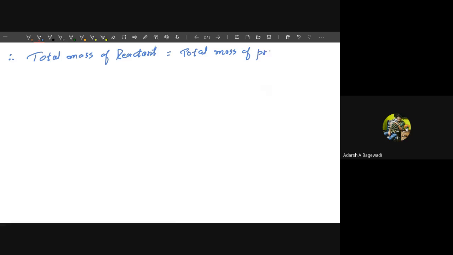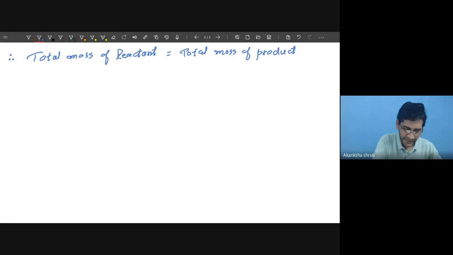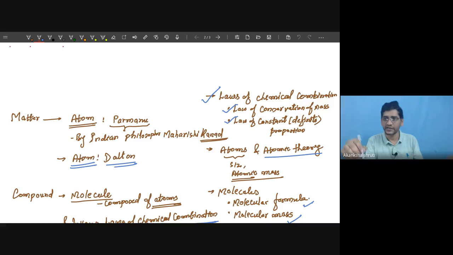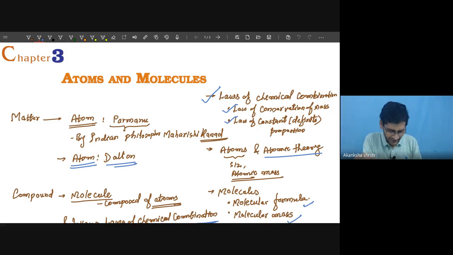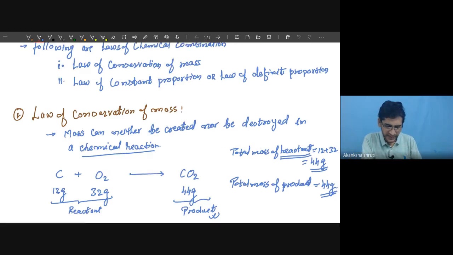Sir, can you explain one more time? Yes, let me explain once again how I came to this conclusion. Students, please watch the last thing. The law of conservation of mass states that mass can neither be created nor be destroyed. This is the simple law. But how did we arrive at this law, how did we come to this conclusion?